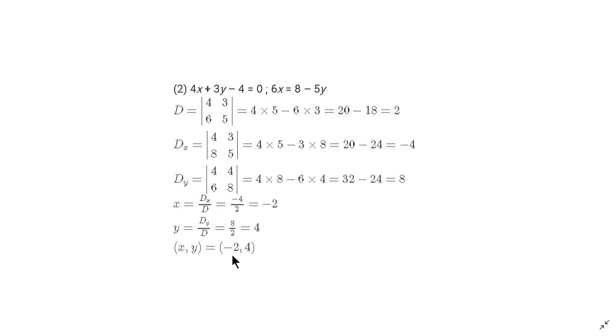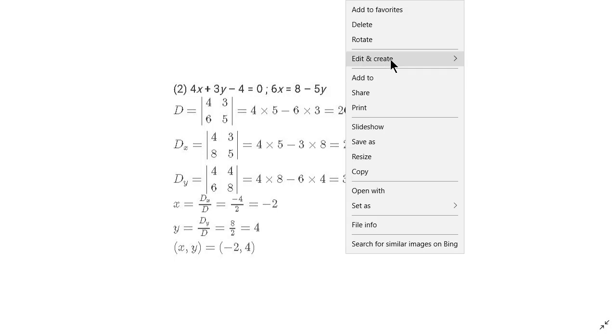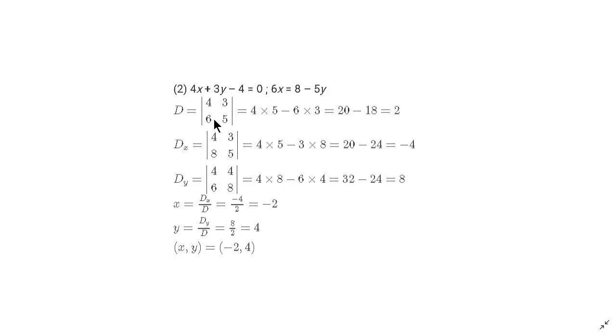Then the second example. Example number 2: 4x plus 3y minus 4 is equal to 0, and 6x is equal to 8 minus 5y. This is the example we have to understand.